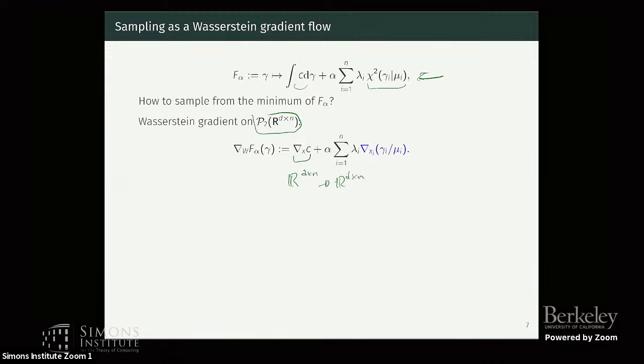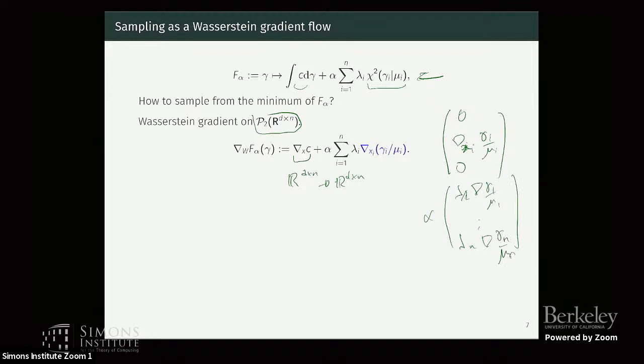So what I mean when I write this is that I actually have a big vector field valued in R^dn, where I put 0 everywhere j is different from i, and here I put this gradient. So at the end, my big gradient is alpha times lambda 1 gradient of gamma 1 over mu 1, up to lambda n gradient of gamma n over mu n.